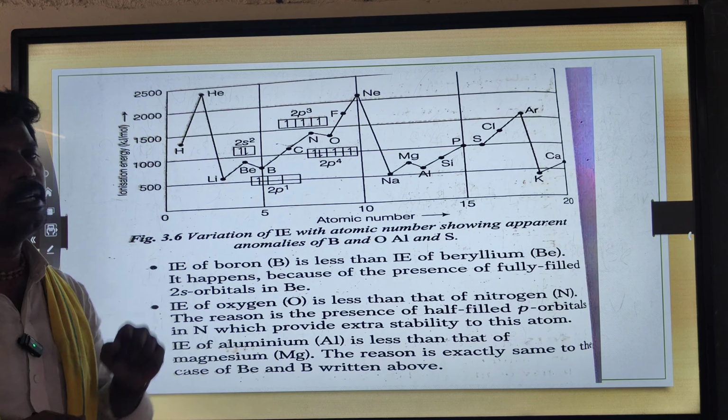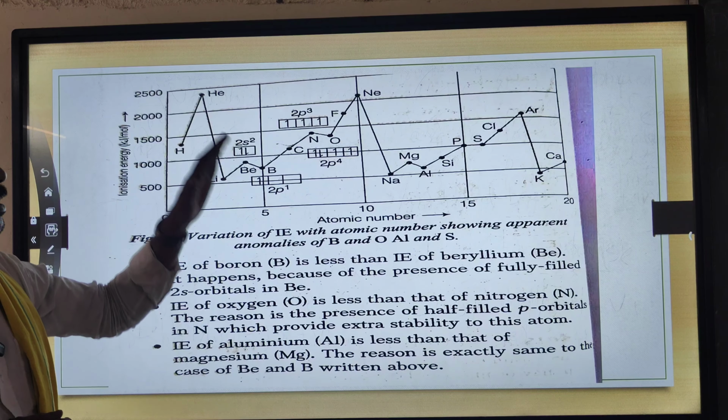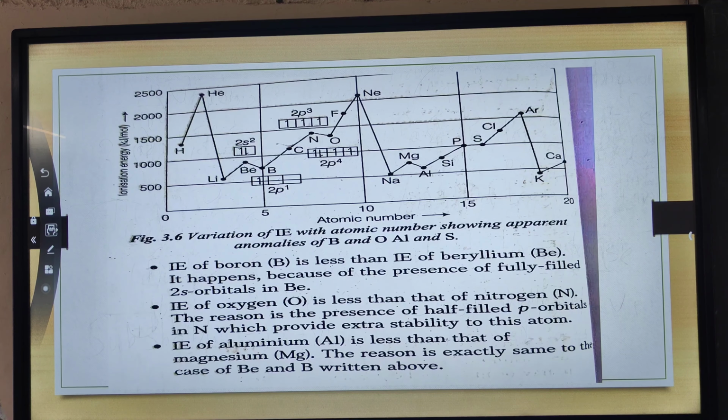In oxygen, the valence orbitals are 2p4, one orbital has 2 electrons and the others have single electrons, so it is incompletely filled. This electronic configuration shows that oxygen has less ionization energy compared to nitrogen.